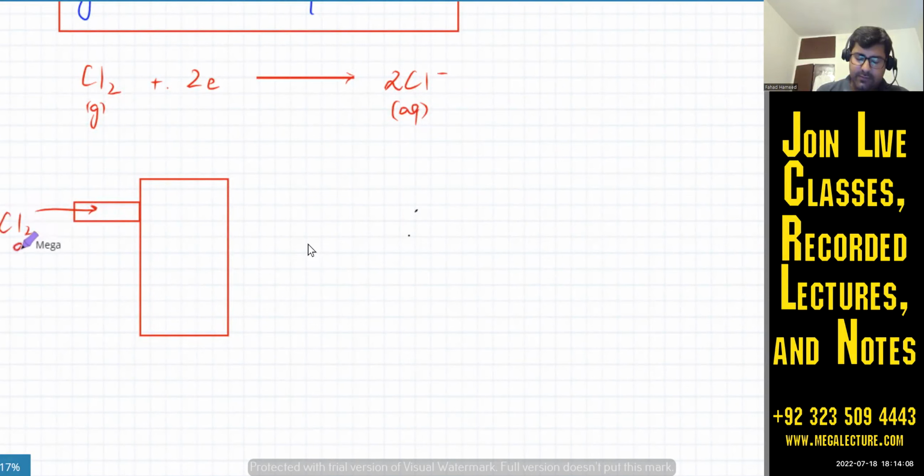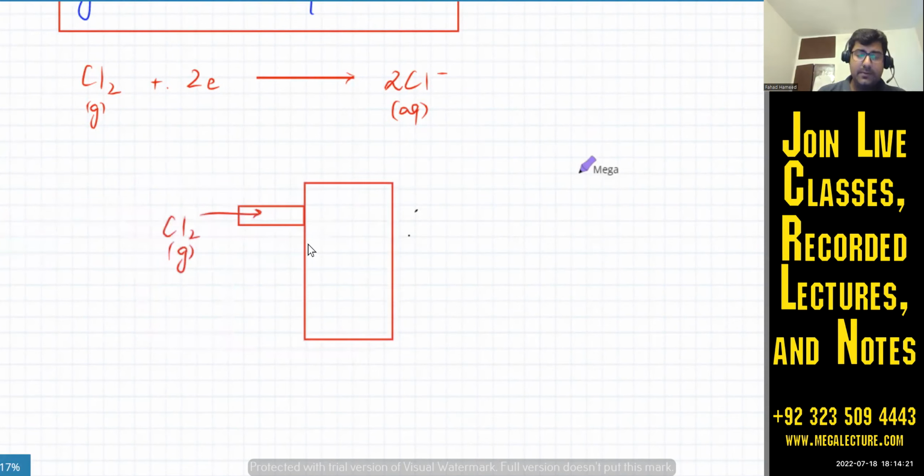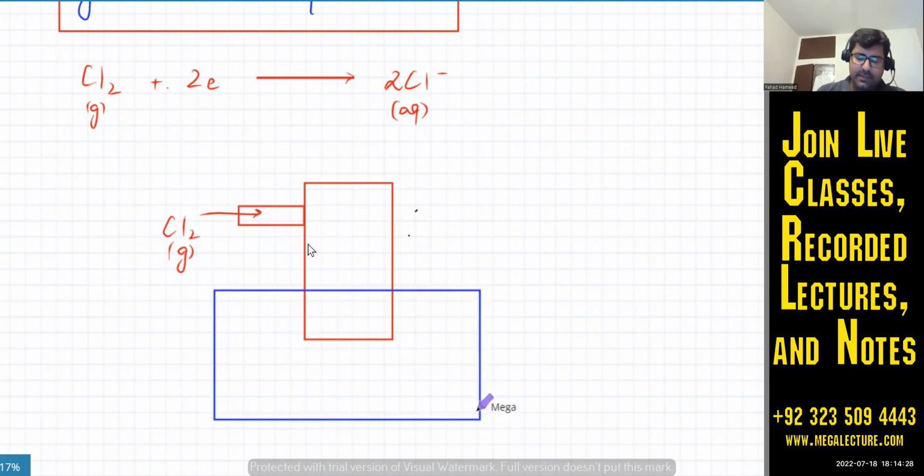That's where my Cl2 gas is coming from. Where do I put the Cl- ions? The Cl- ions are going to be in the solution. So there's this solution, and the solution has Cl- ions.